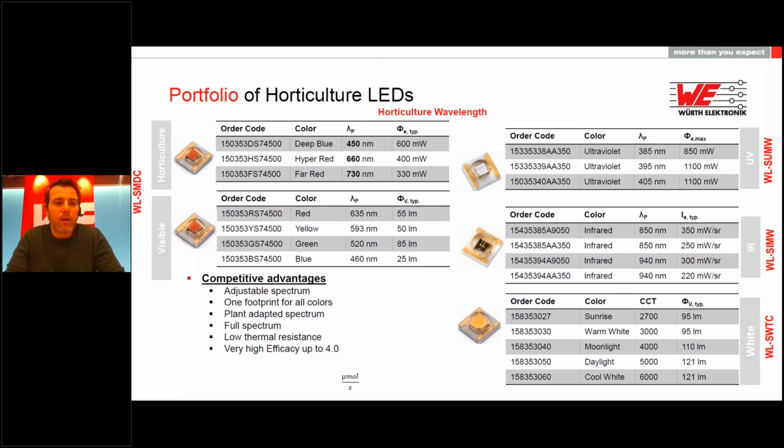They are available in all the horticulture colors: red, yellow, green, and blue, of course, plus white, infrared, and ultraviolet.